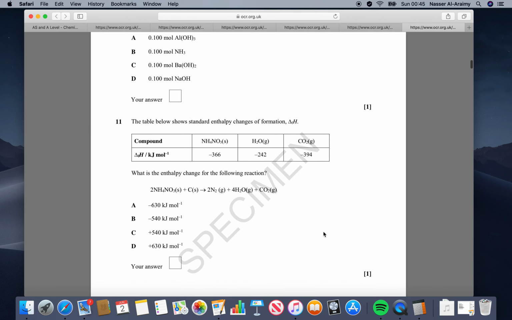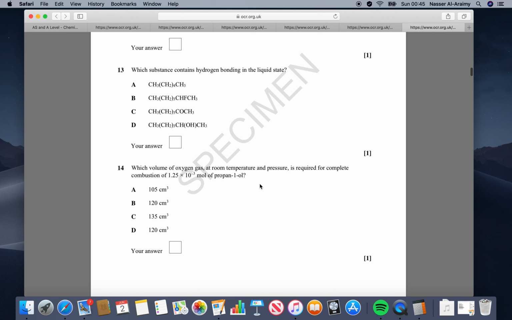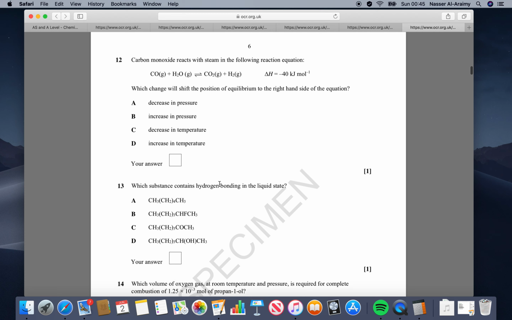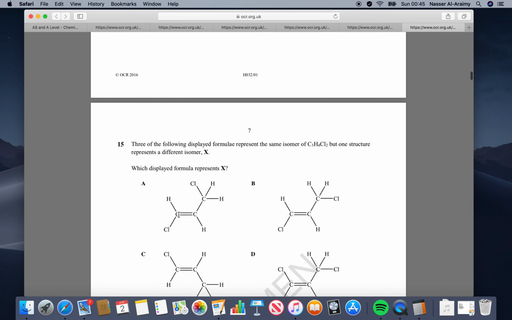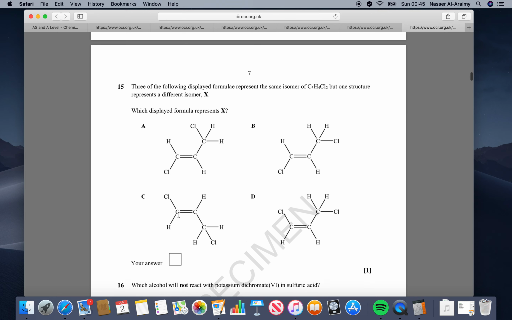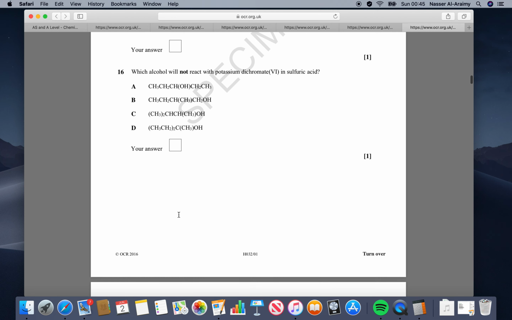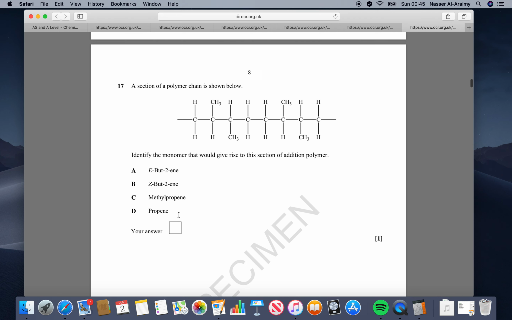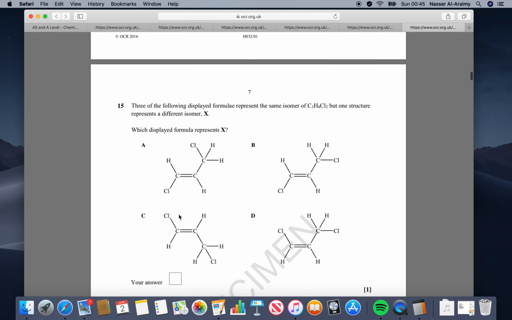So the specimen paper, arguably, even though it had more calculations, you'd have to work more hard to get the same amount of marks. It's just an observation I'm making.